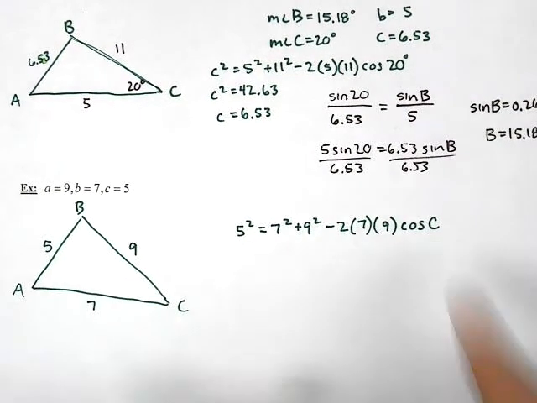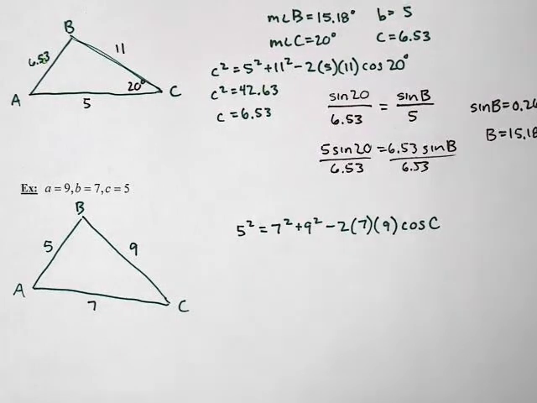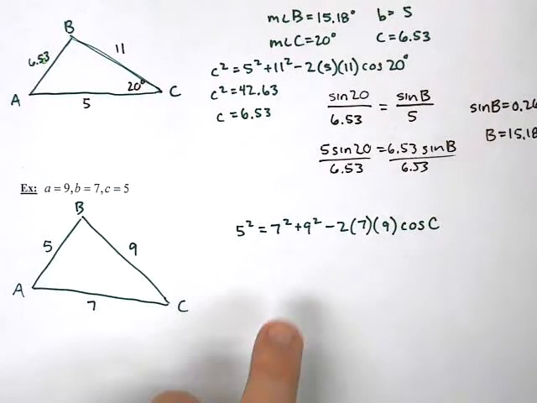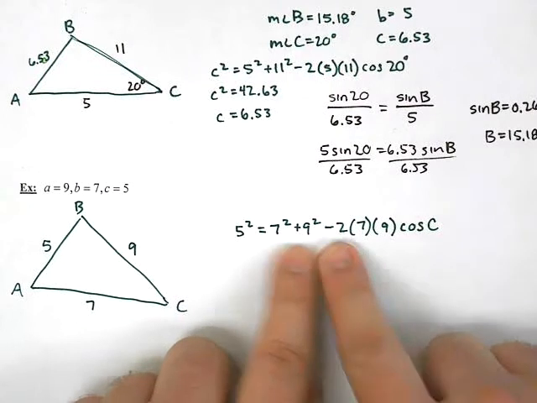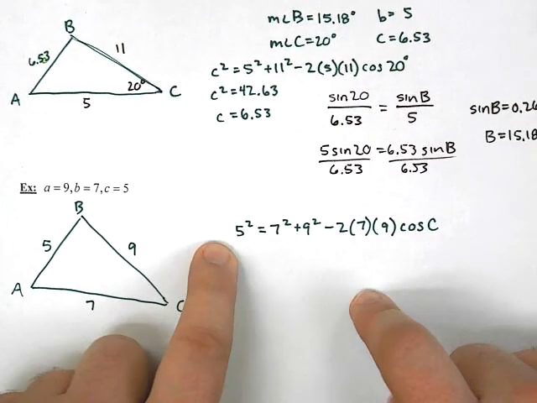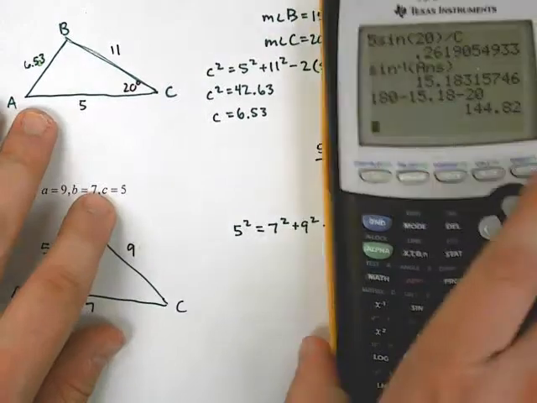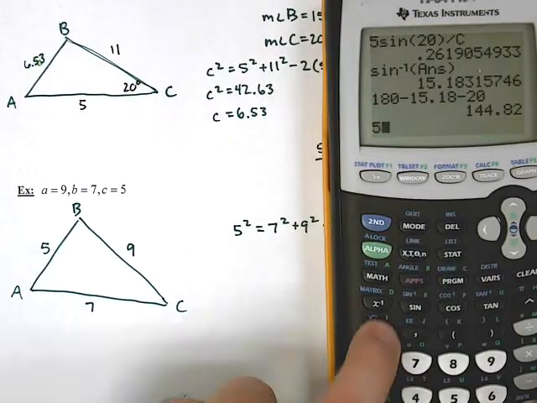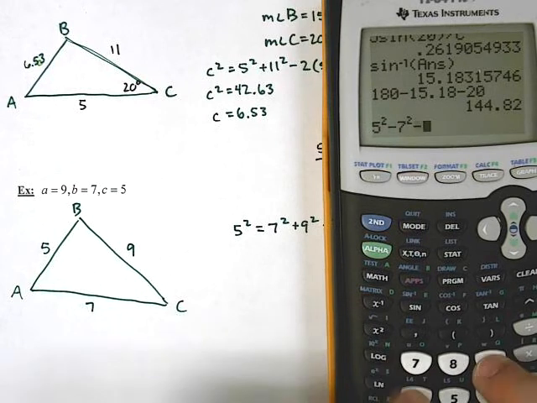And now we just go. In something like this, it's a little different. Recognize that these are just going to be subtracted to the other side. So we're going to do 5 squared minus 7 squared minus 9 squared.